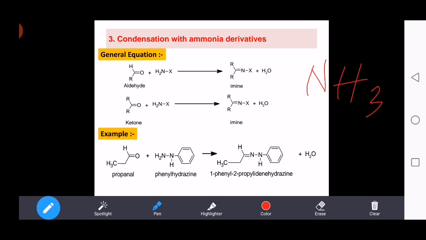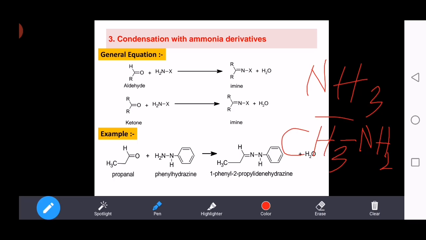Okay, contohnya you ada chloromethane. So bila undergo reaction dengan ammonia, so dia akan produce methylamine, CH3NH2.